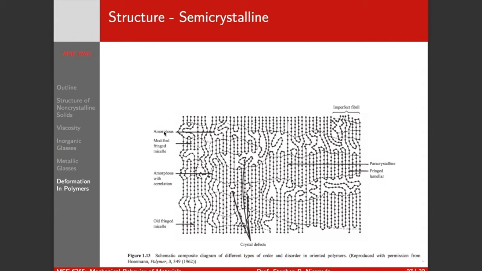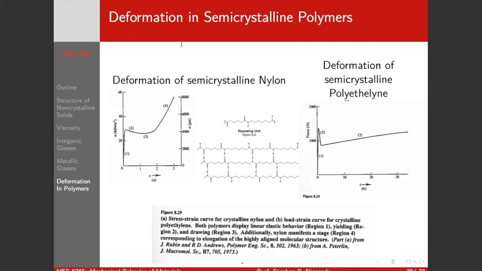We can have a whole bunch of other defects, imperfect fibrils, folding errors, amorphous regions that have short-range order, like the crystal, highly correlated short-range order. But this is just kind of a reminder of the structure.